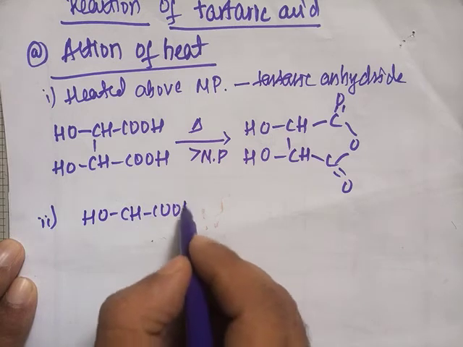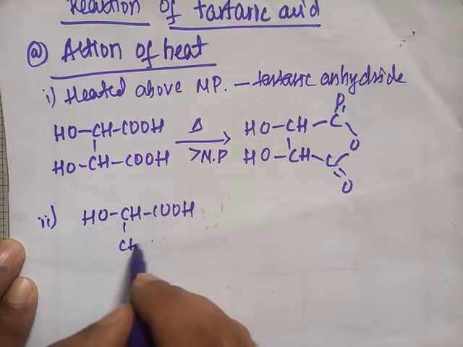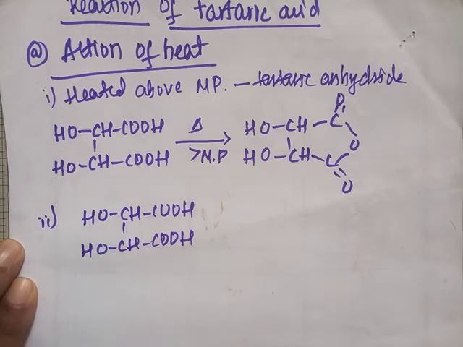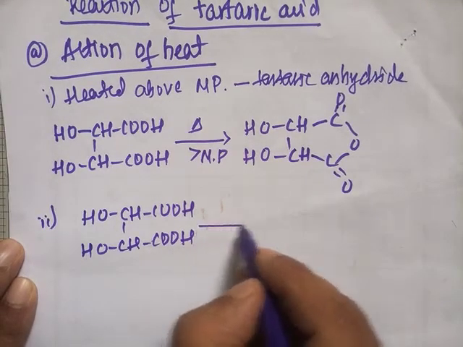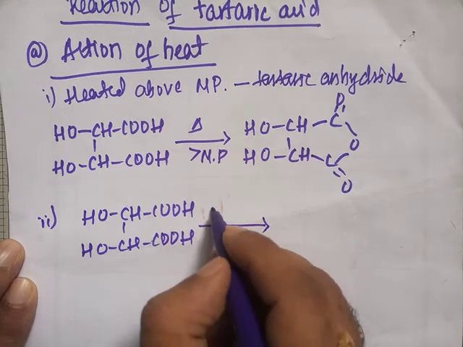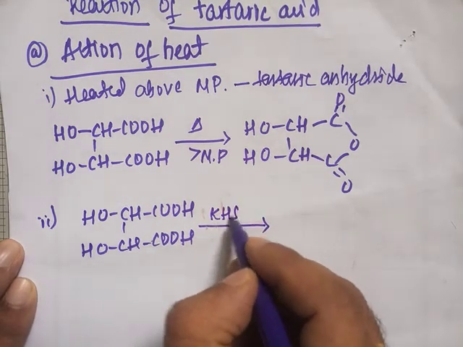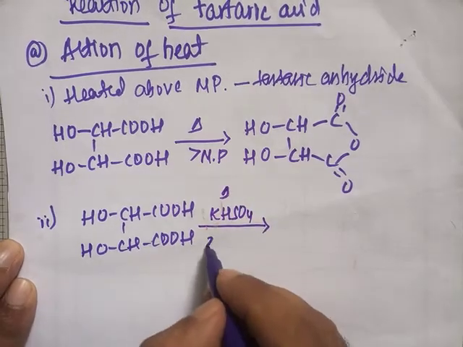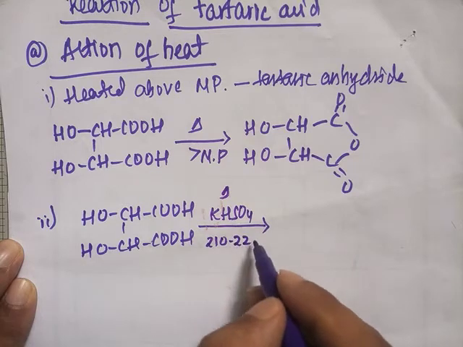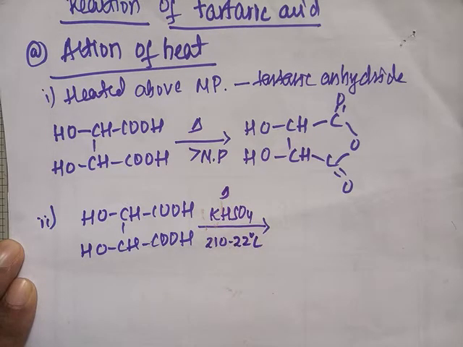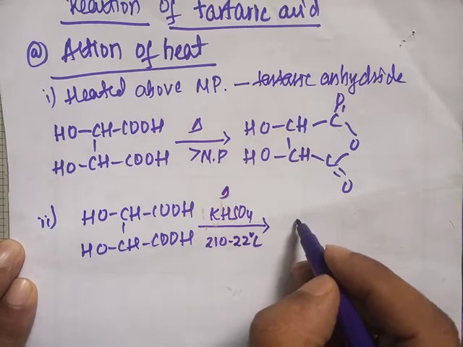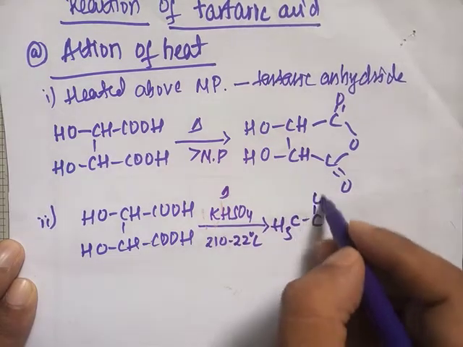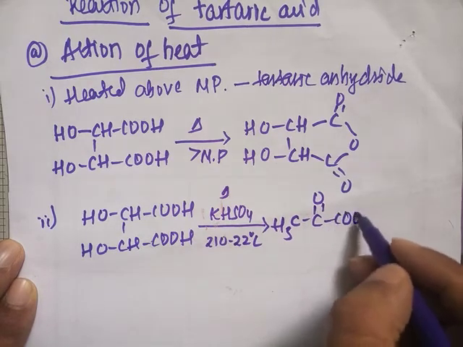When tartaric acid, the dicarboxylic acid, is heated with potassium hydrogen sulfate at about 210 to 220 degrees Celsius, it forms pyruvic acid.